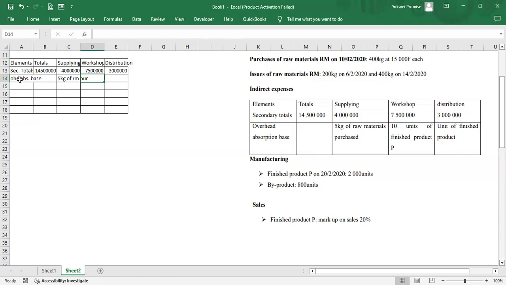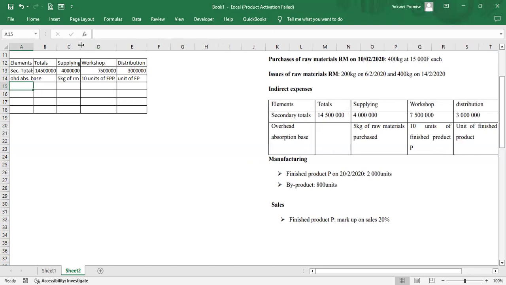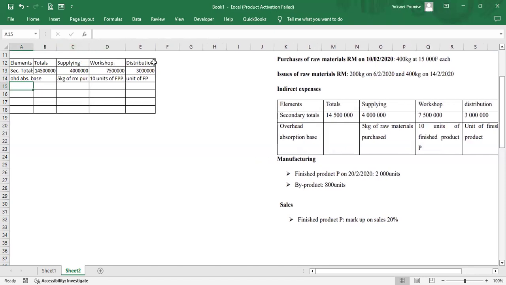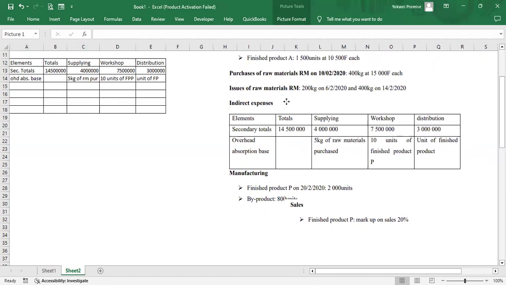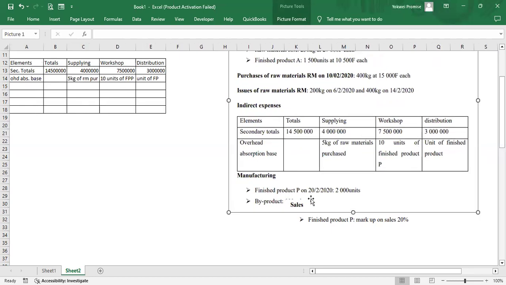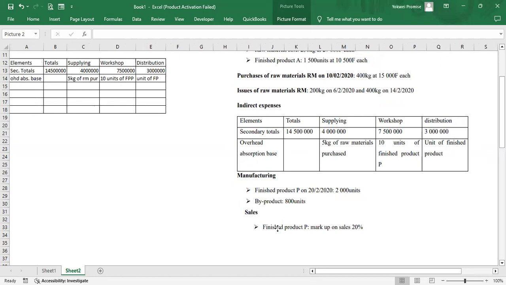The next one is 10 units of finished product P. Under distribution we have units of finished product.